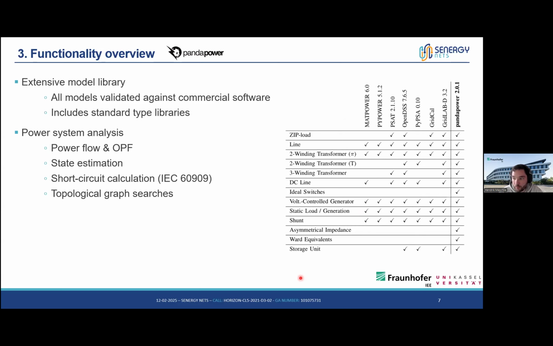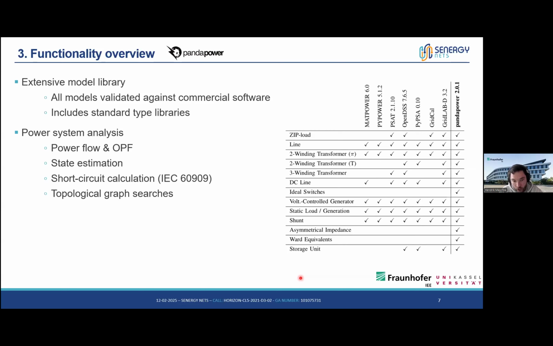We also have a short circuit calculation module, as already mentioned, based on the IEC standard. And another very nice functionality of Pandapower is topological graph searches. You can forget all the electrical parameters in your grid and just do topology analysis.